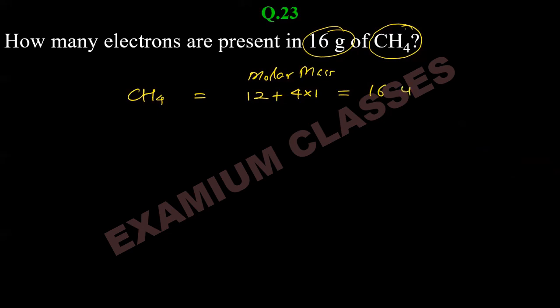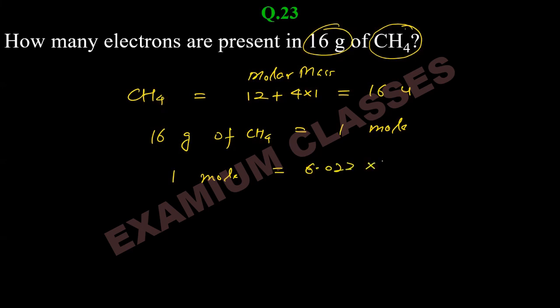It means 16 grams of CH4 will be equal to 1 mole. And 1 mole will have 6.022 into 10 to the power 23 molecules.